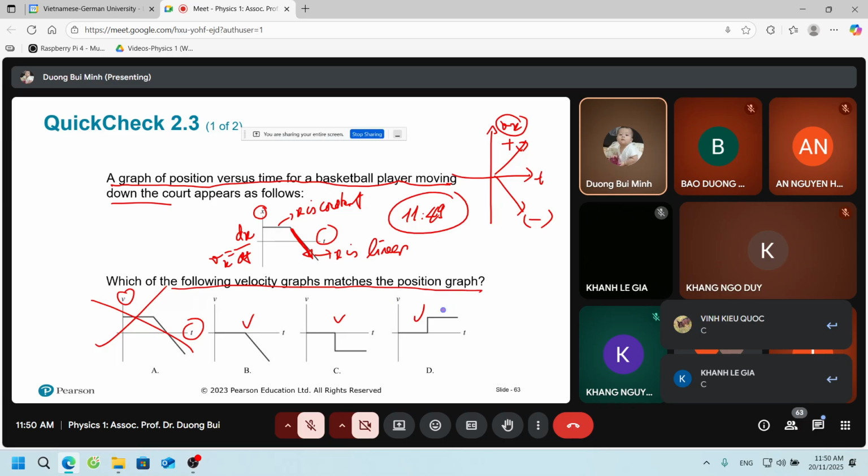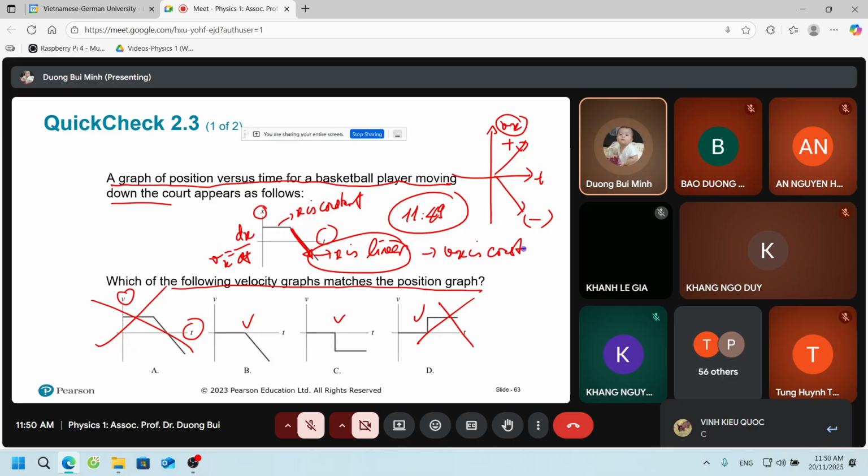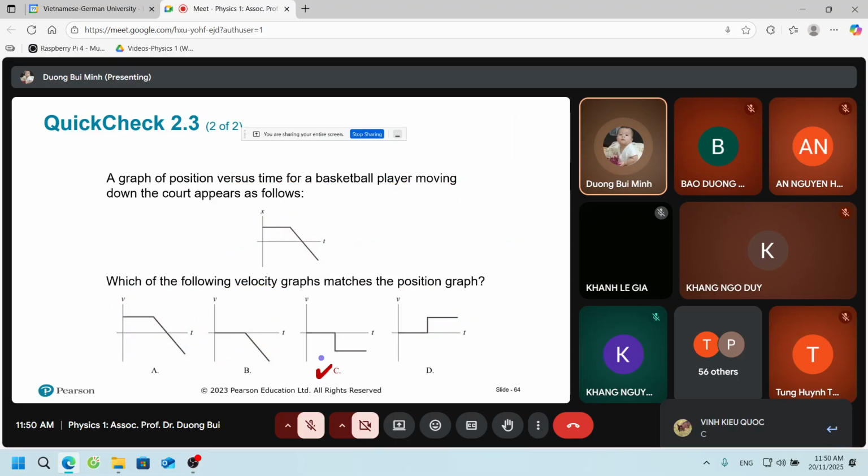So we delete this one because this is positive. And this x is constant, so we delete this one too. So the right answer will be C.